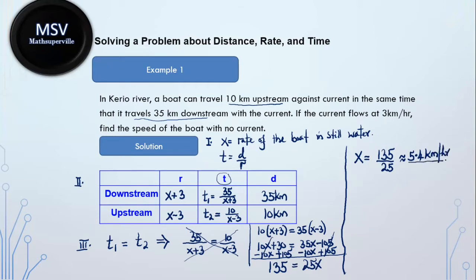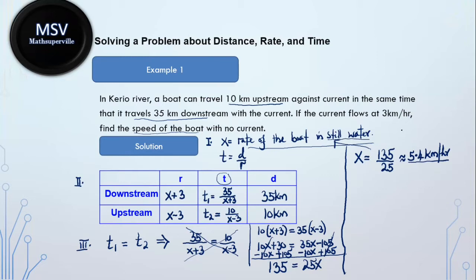And this is the speed or the rate of the boat. Remember, that is what the question is asking me. It's the speed of the boat without any current involved. So in this case, we're looking at the speed of the boat in still water.